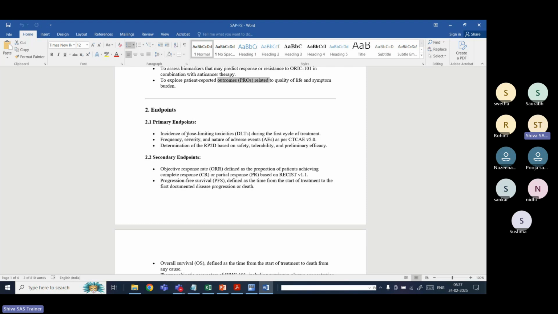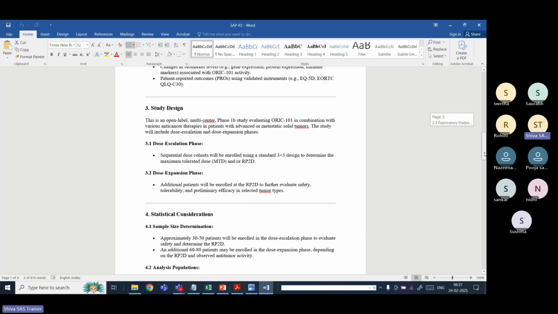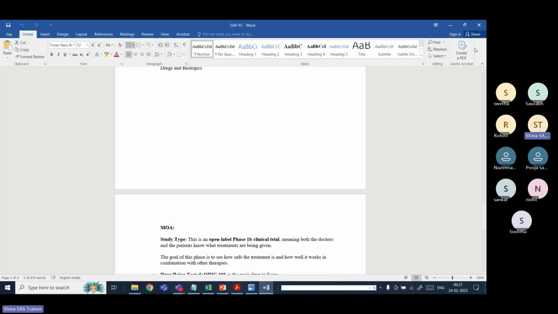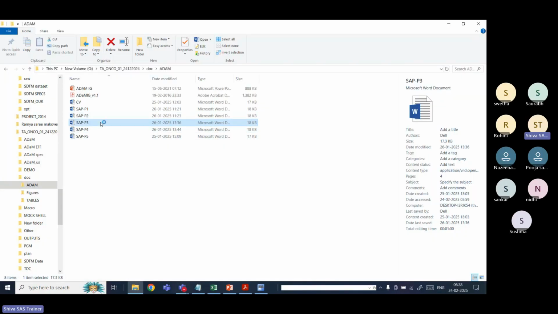In the same way, they will find which dose gives the best results for this drug by using this study. So go through the study designs, and if anything is not understood, let me know. This is the second project, the SAP, and then the third project.